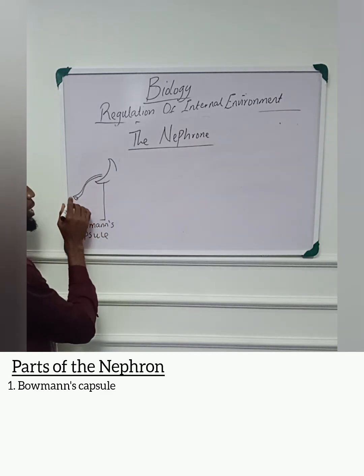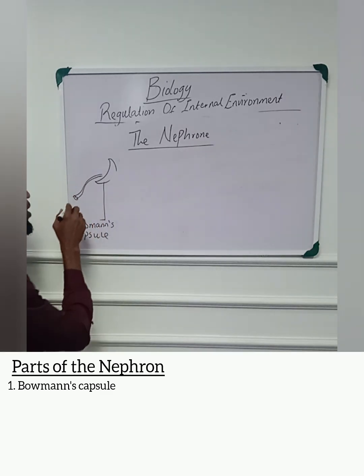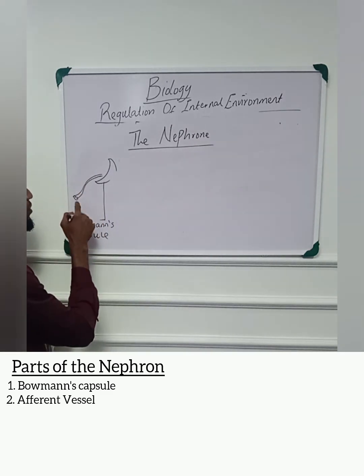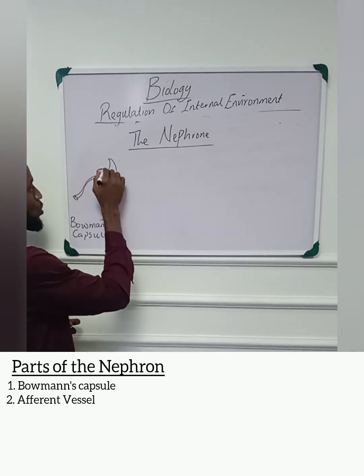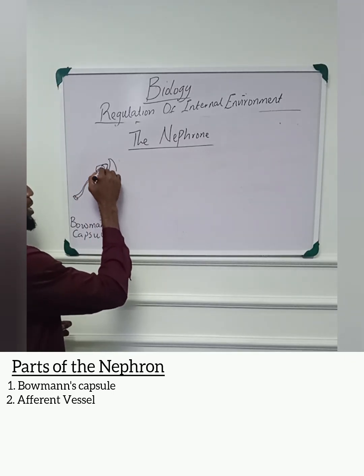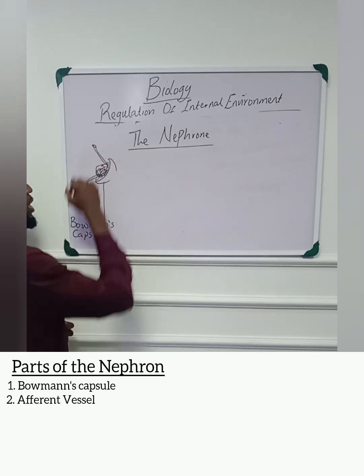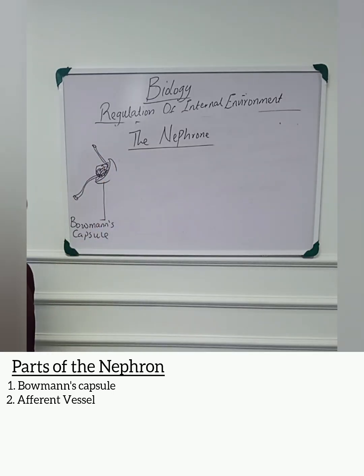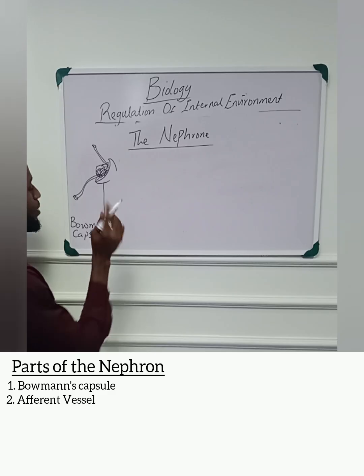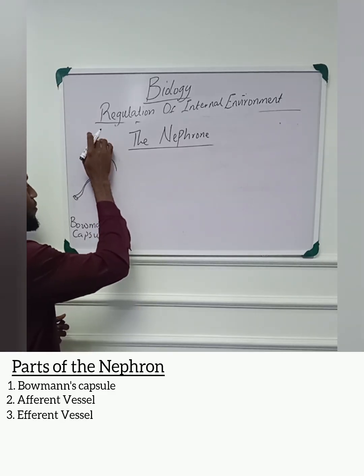The one bringing in the blood with the food material is called the afferent vessel, and in here it is convoluted a lot, and at the end of everything there is another vessel that is going to take the unfiltered materials out from the Bowman's capsule. Those ones are called the efferent vessels.